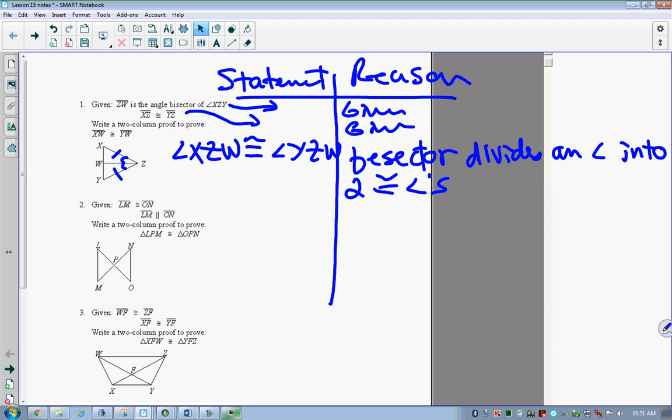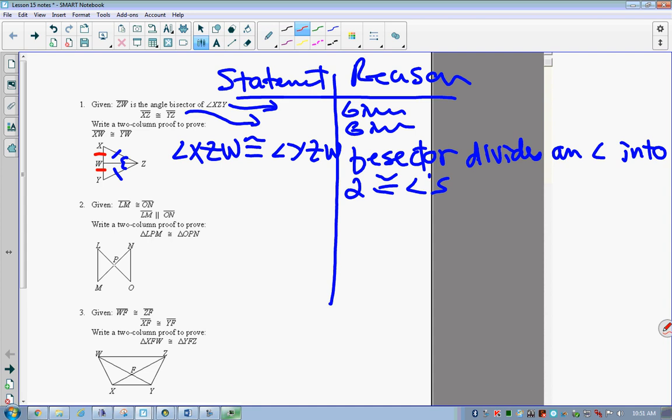The next thing, can anybody see what else we know about this? Notice that we're trying to prove that two parts are congruent. In fact, we're trying to prove that XW is congruent to YW. Am I trying to prove that the two triangles are congruent? No, but will I need to prove that the two triangles are congruent? Yes. What will my final step be?